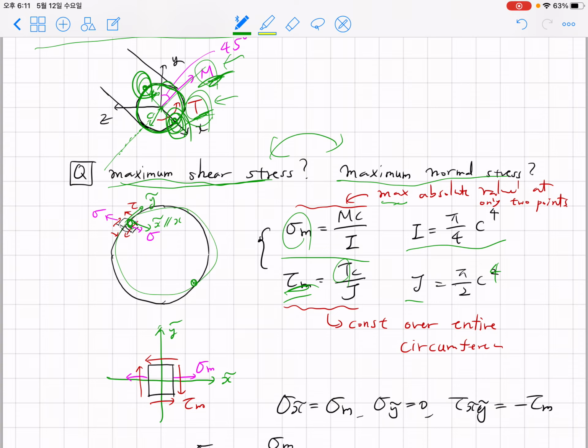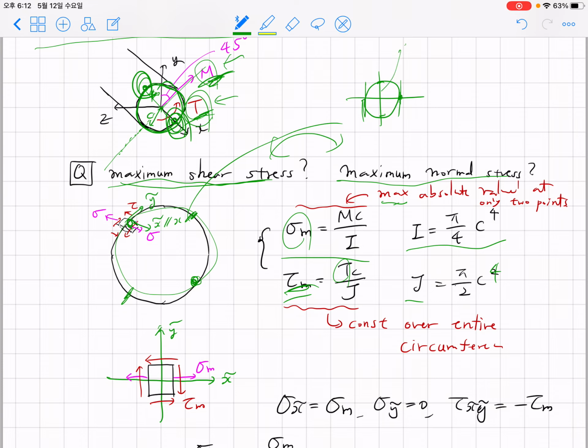Now around here and there we're going to have pure shear stress, and due to the pure shear, we're going to have a Mohr circle that looks like this, and the maximum stress will have the same magnitude as the radius.